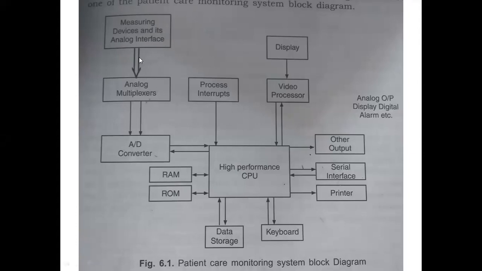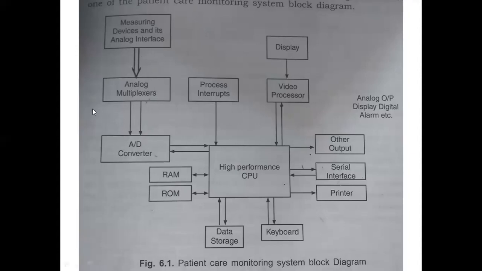After receiving that, there are analog multiplexers. These analog multiplexers take a number of inputs from the different signals and send one output only. Each output corresponds to each input.